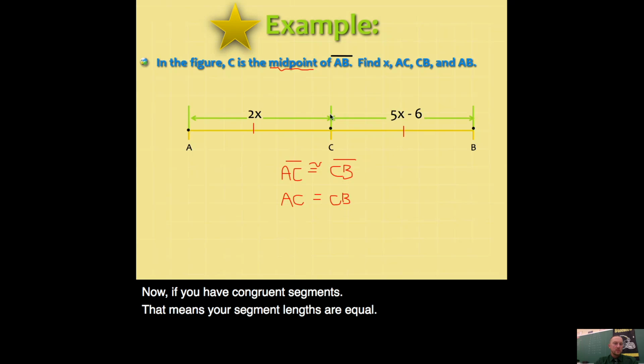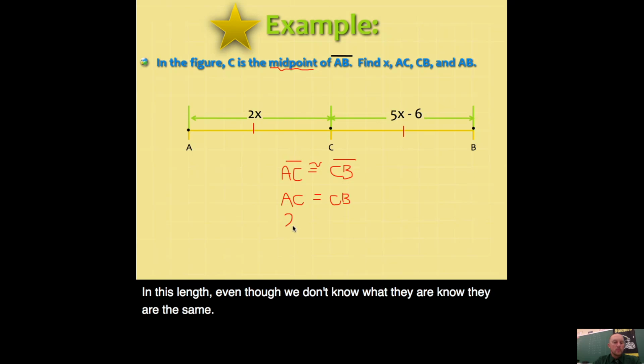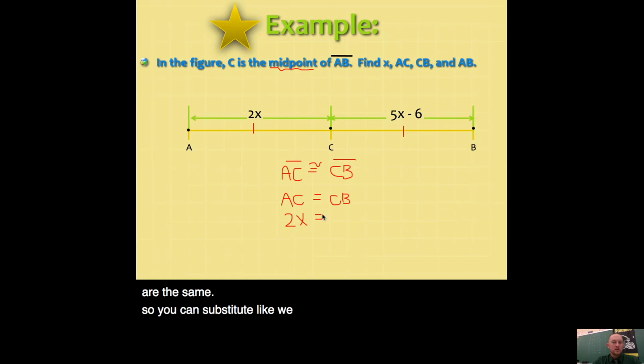So this length and this length, even though we don't know what they are, we know they're the same. So you can substitute, like we talked about last section. From A to C is 2x. From C to B is 5x minus 6.